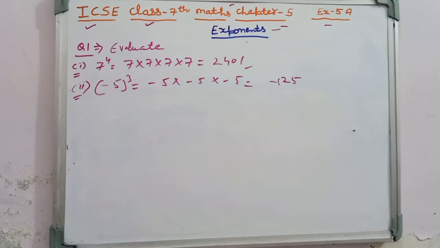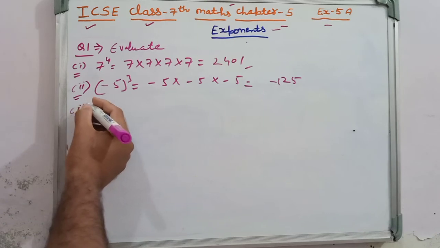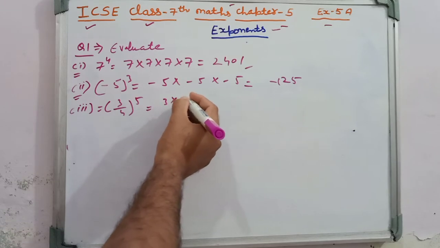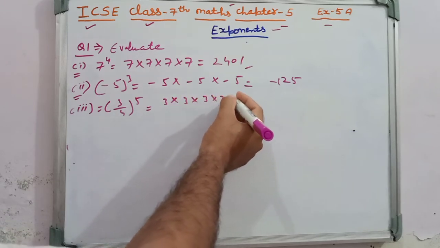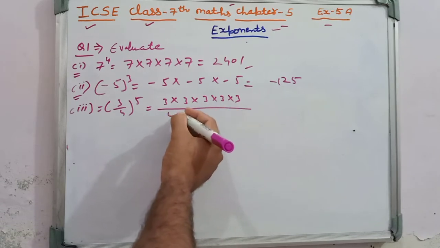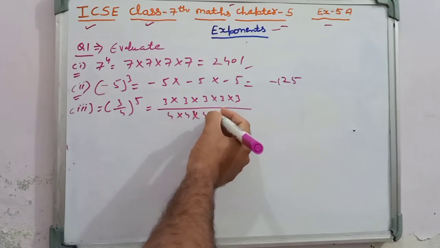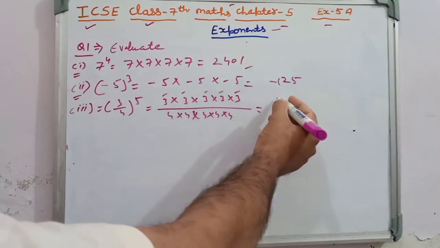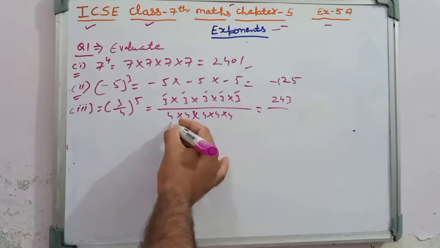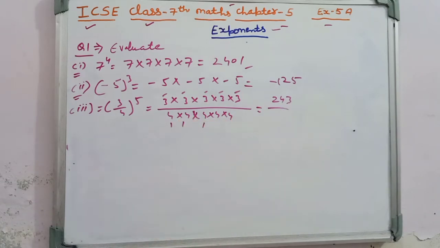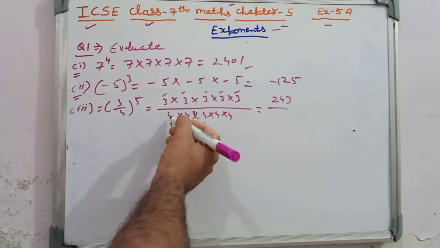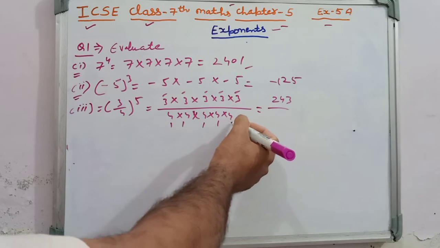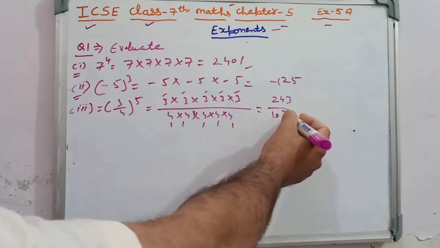Third is, part third is 3 upon 4 raised to power 5. 3 multiplied 3 multiplied 3 multiplied 3 multiplied 3 upon 4 into 4 into 4 into 4 into 4. 3 threes are 9, 3 times 9 is 27, 3 times 27 is 81, 3 times 81 is 243. 4 fours are 16, 4 times 16 is 64, 4 times 64 is 256, 4 times 256 is 1024.